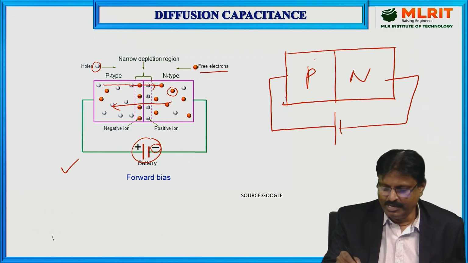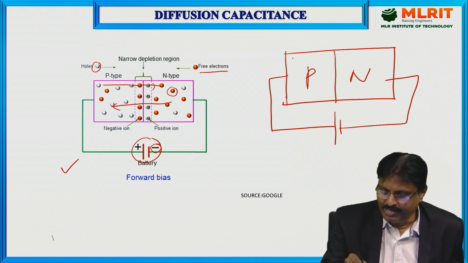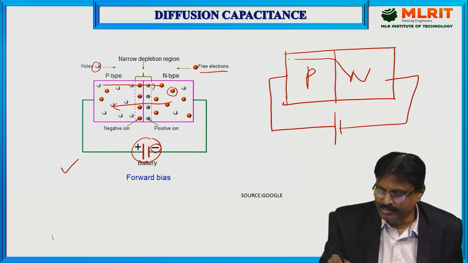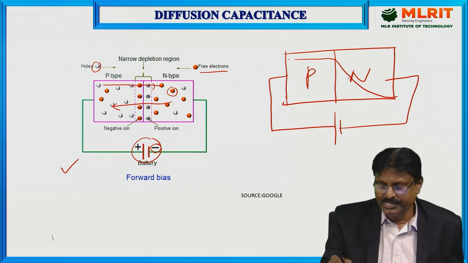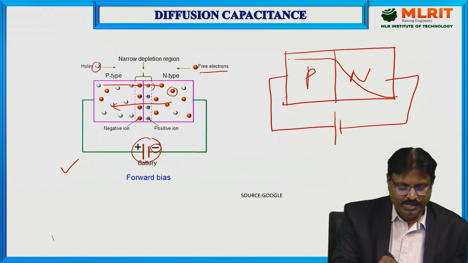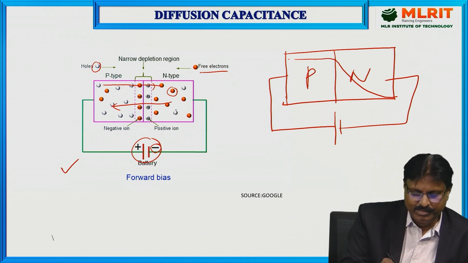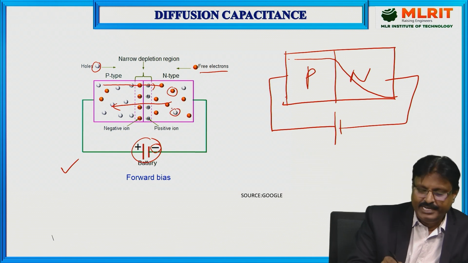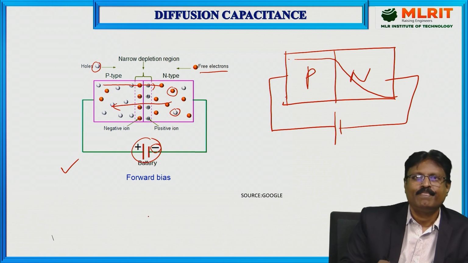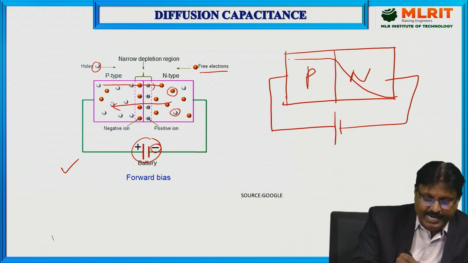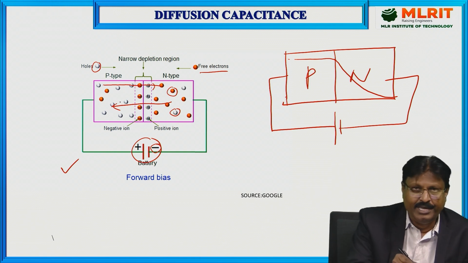So in this process, here the hole is moving from the P side to the N side. Whenever it is moving from the P side to the N side, this hole, as you can see here, loses its majority status and becomes a minority carrier in the N side. Whenever it is in the P side, it is a majority carrier.